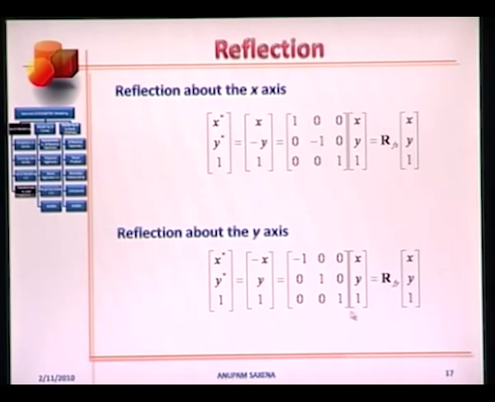This 3 by 3 matrix is represented as R sub Fy. These are the two reflection transformation matrices about the x and y axes respectively.